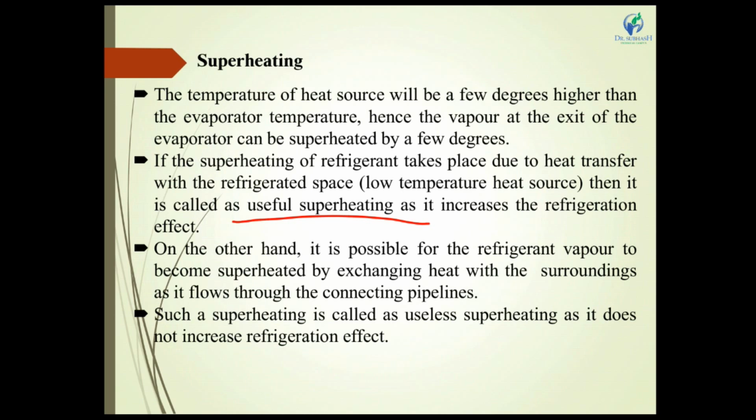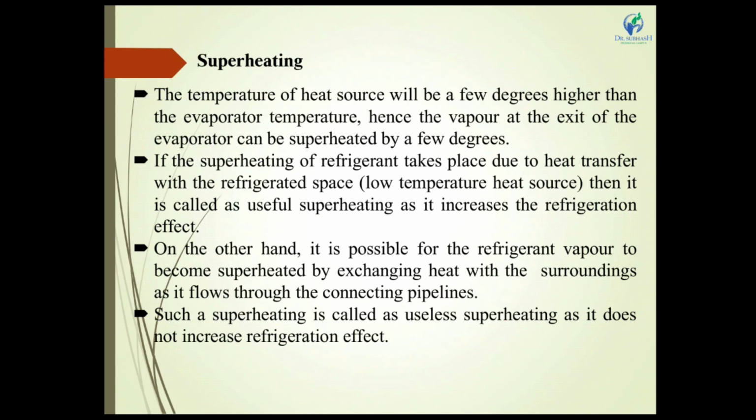This 5 centigrade temperature increase from the exit of the evaporator is one case, but if we increase this 5 centigrade temperature inside the evaporator, it absorbs more and more heat from the enclosed space. It means it increases the refrigeration effect of the cycle.